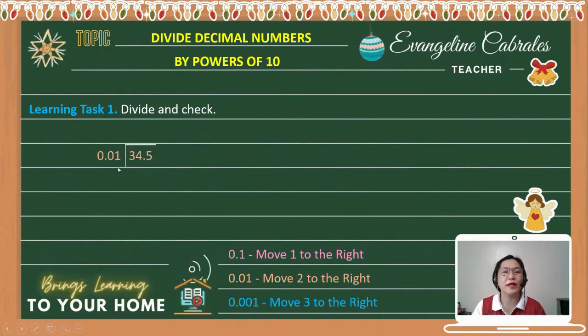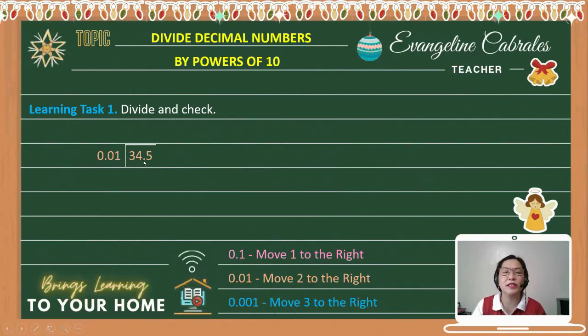34 and 5/10s divided by 100s. So, this is 100s, kaya ilang beses ang movement? Tama, 2. Papunta saan? Sa kanan. So, let us move the decimal point of 100. So, this will be 1, 2. 100s will become 1. At dahil 2 beses tayong nag-move dito sa 100s, 2 beses din tayong mag-move dito sa 34 and 5/10s.